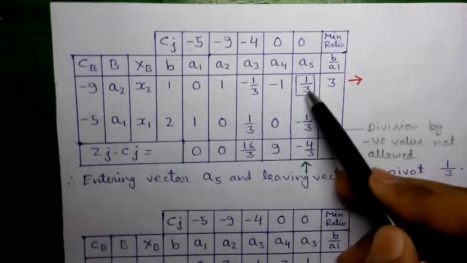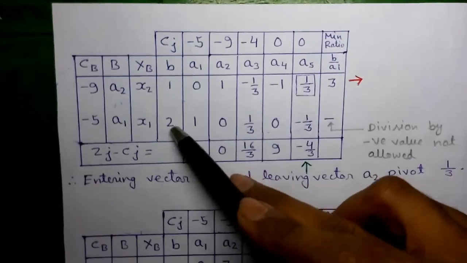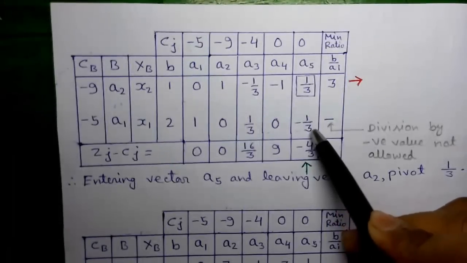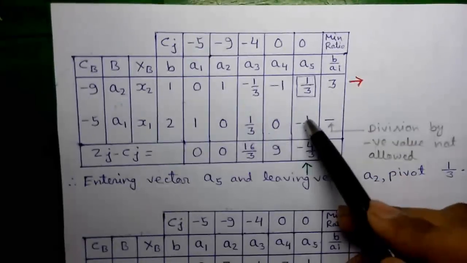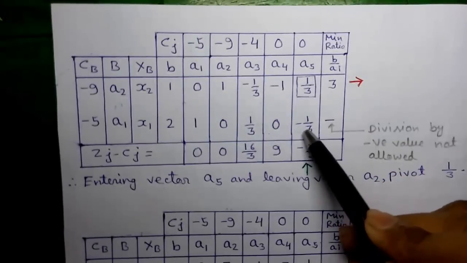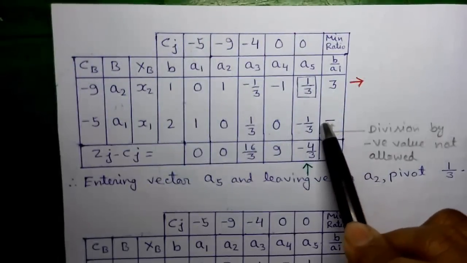So 1 divided by 1 by 3 is 3, written here, and 2 divided by minus 1 by 3. But as I mentioned earlier, this B number cannot be divided by a minus number or any minus element. So this division is not possible.